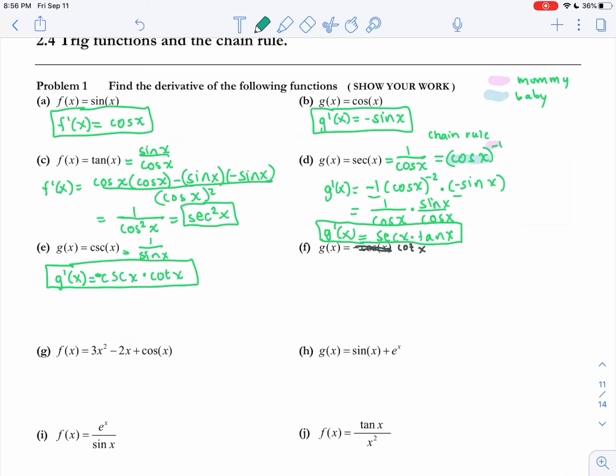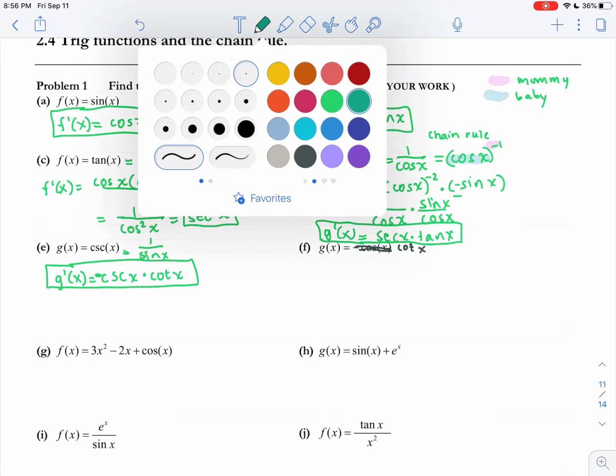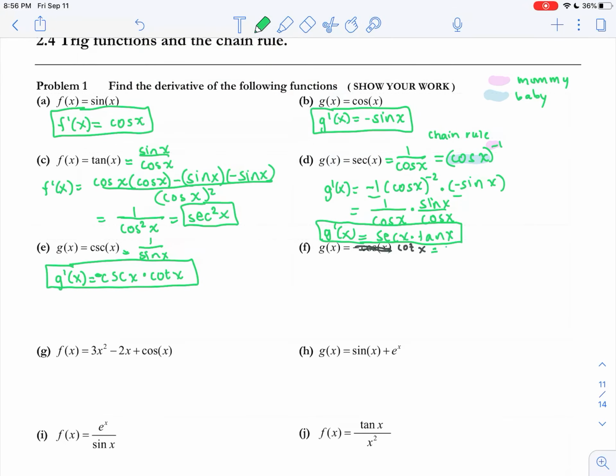The derivative of cotangent of x, we can do the same thing and change it to cosine over sine and apply the quotient rule, and guess what? It's going to be really similar to what we got for tangent of x. The derivative of tangent of x is secant squared. So the derivative of cotangent of x is cosecant squared of x, but guess what? It's negative.